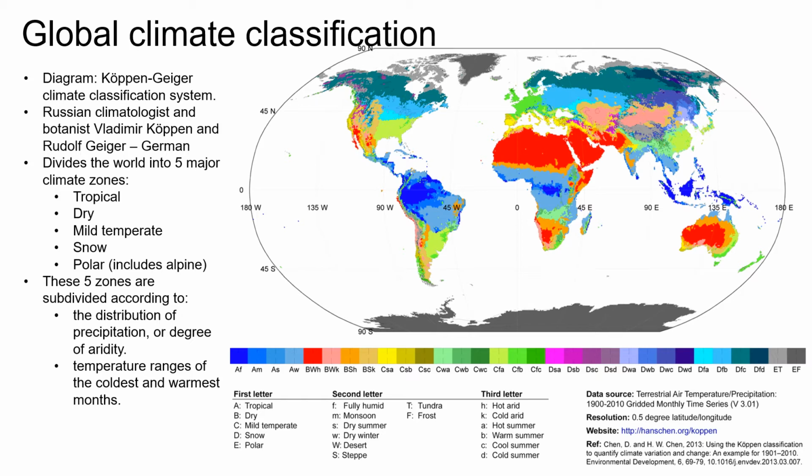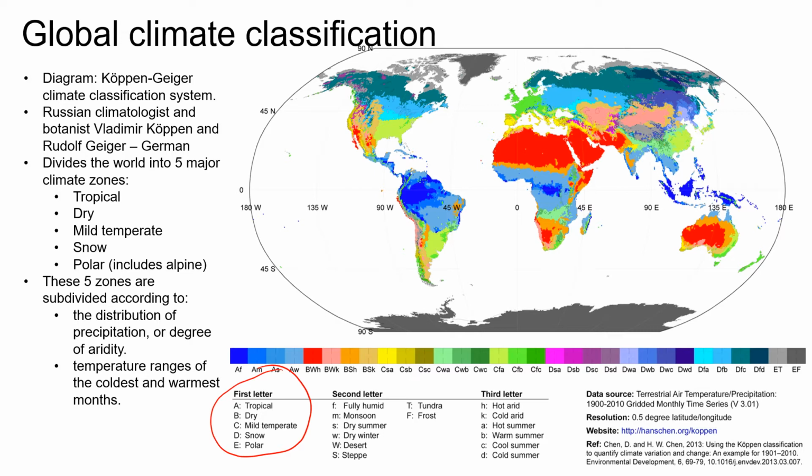This system of climate classification divides the world into 5 major climate zones. So these ones right here. We've got tropical, dry, mild temperate, snow, and polar. Polar is a little confusing or misleading because it's not limited to the polar regions, the Arctic and Antarctic, but also includes any areas of tundra.